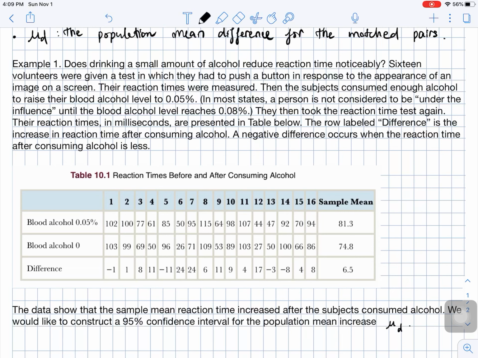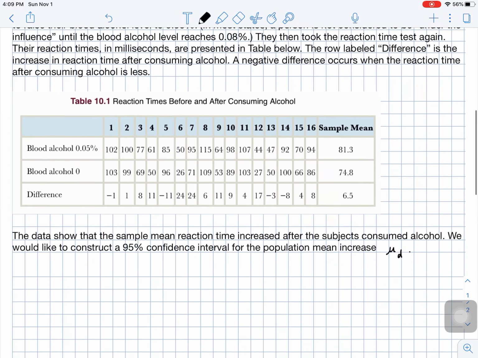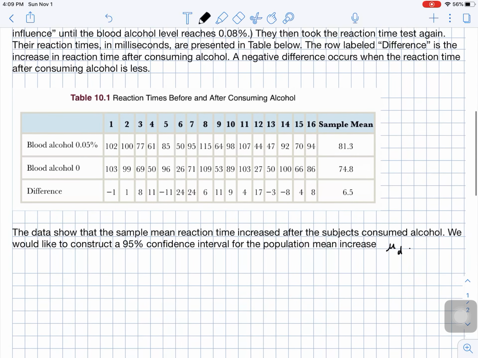Then the subjects consumed enough alcohol to raise their blood alcohol level to 0.05%. They then took the reaction time test again. Their reaction times in milliseconds are presented in the table below.